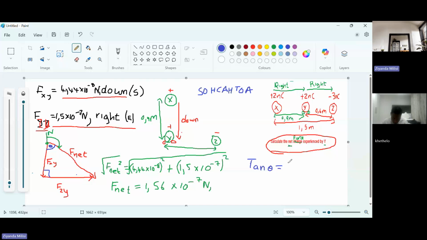F z on y was 1,5 times 10 to the power negative 7, divided by 4,444 times 10 to the power negative 8. Tell me what is our theta?